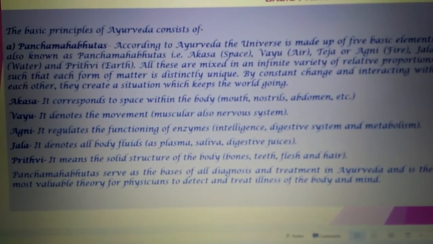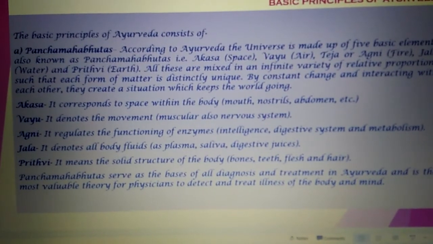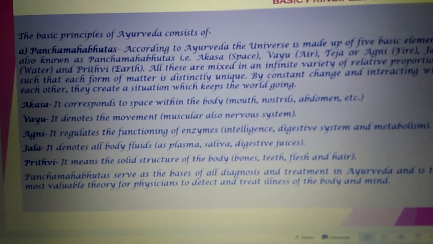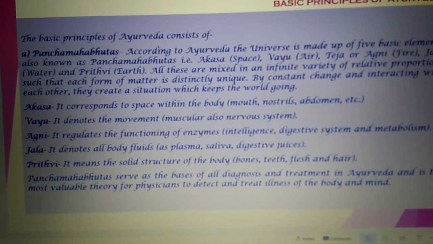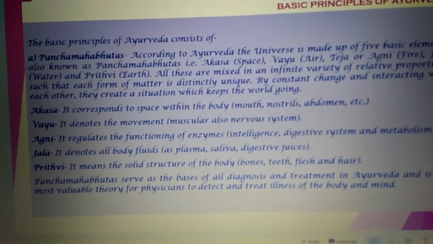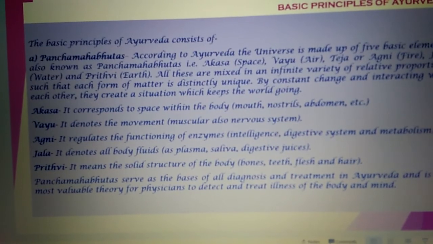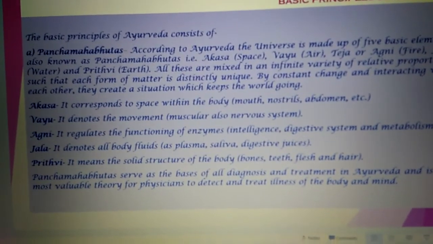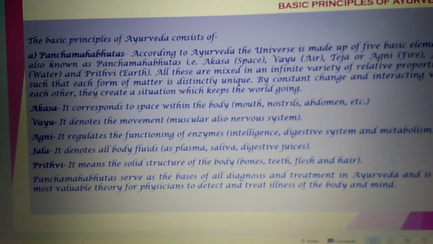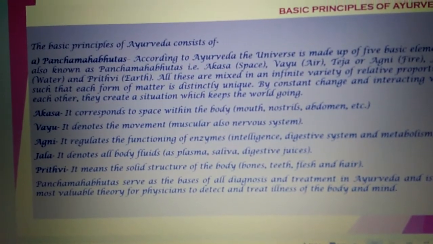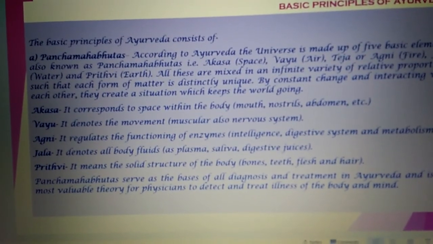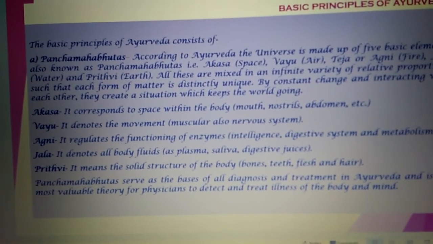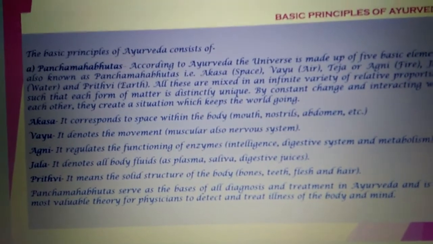Jala denotes all body fluids, that is plasma, saliva, digestive juices. Prithvi means the solid structure of the body, which includes the bones, teeth, flesh and hair. Overall, Panchamahabhutas serve as the basis of all diagnosis and treatment in Ayurveda, and it is the most valuable theory for physicians to detect and treat illness of the body and mind.